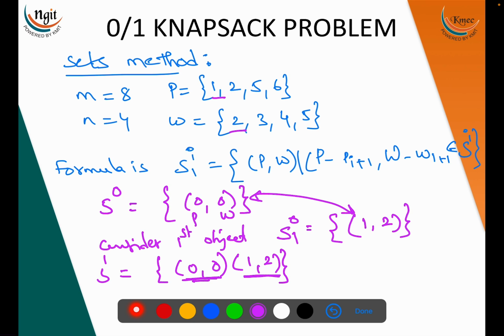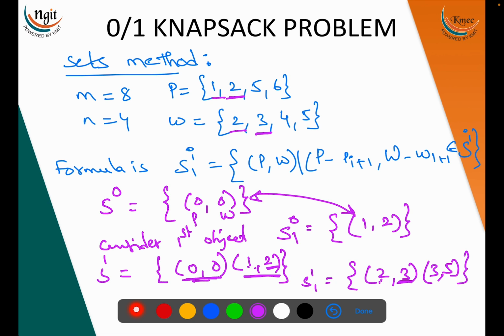Now again S1 dash is equal to, after you place the first object, you can place the second object too. The second object's profit and weight is 2 comma 3, and this is the addition of both. That means 2 plus 1 is 3, 3 plus 2 is 5. This is the set.